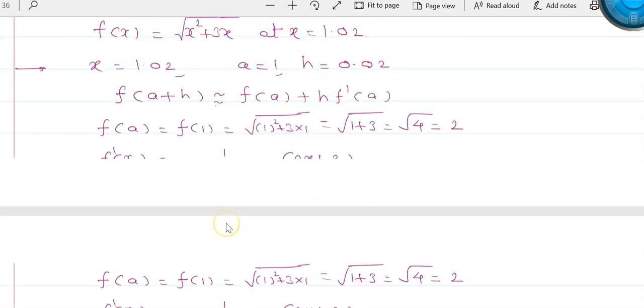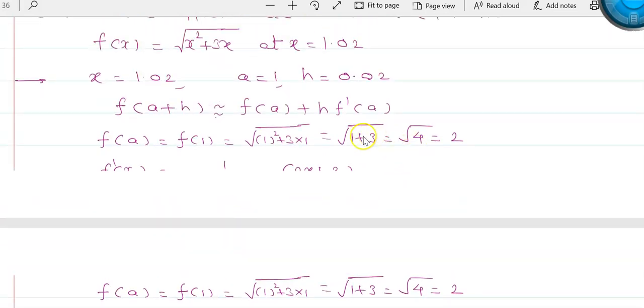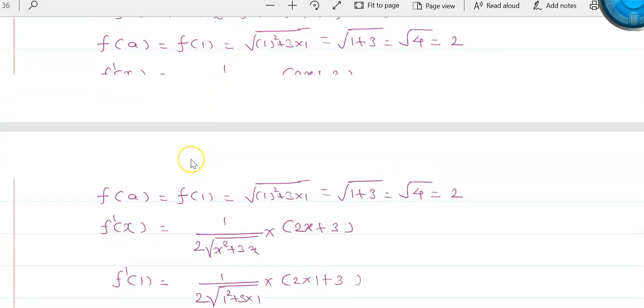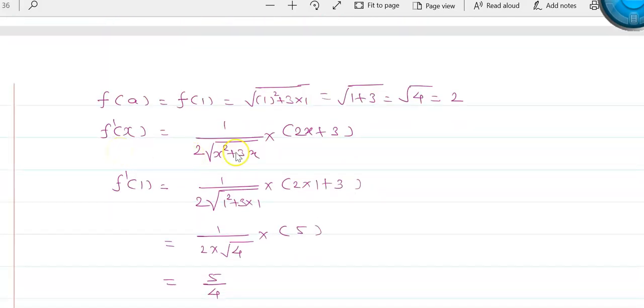Now our next value is f dash of a. For that, the function we have is f of x is equal to square root of x square plus 3x. Therefore f dash of x is equal to 1 upon 2 times square root of x square plus 3x. This is a composite function, hence into d by dx of x square plus 3x, which is 2x plus 3.